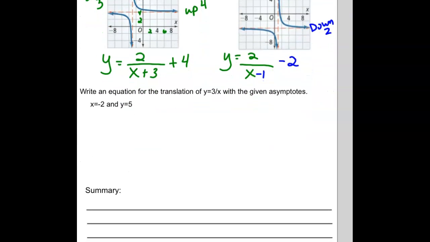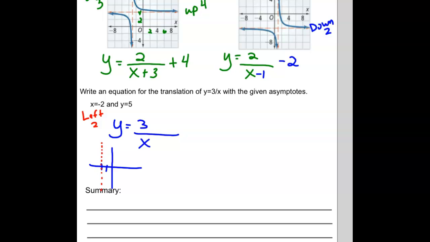All right, the last question says to write an equation for the translation of y equals 3 divided by x that has the given asymptotes. So I want you to picture x equaling -2 means we have a vertical asymptote over here at -2. Instead of being on the y-axis, we have shifted it left 2.